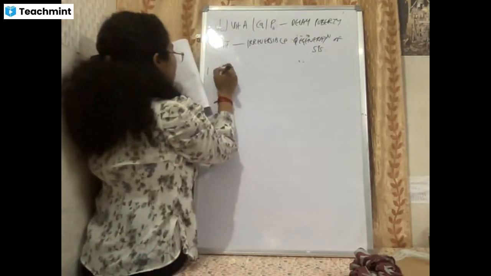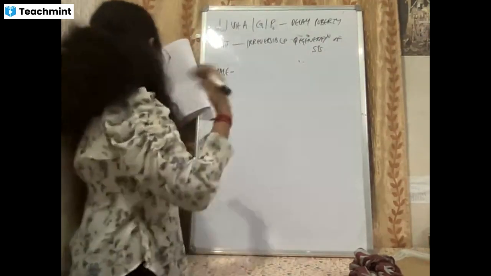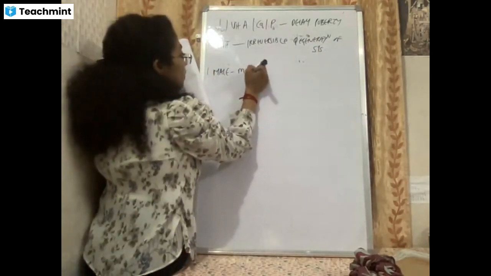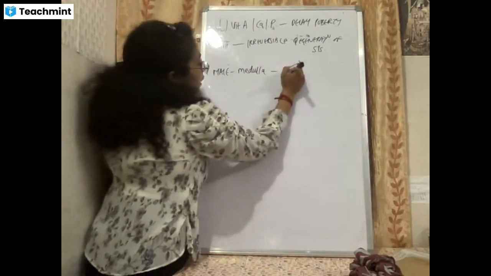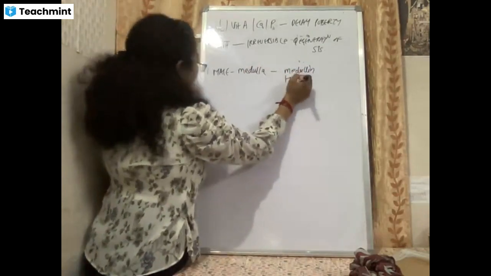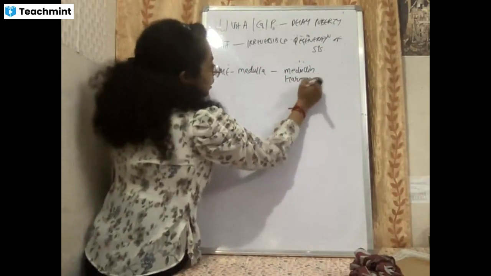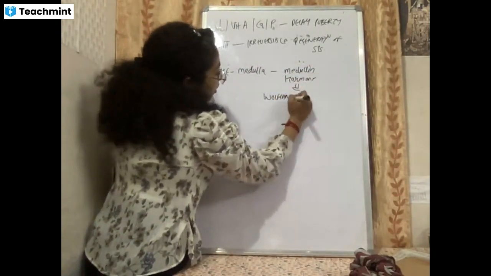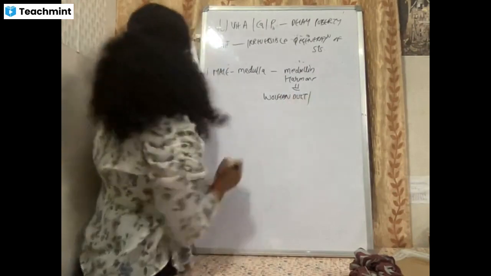When the male develops in the embryonic stage, in the medulla portion there is medullin hormone, and this medullin hormone develops the Wolffian duct or mesonephric duct.